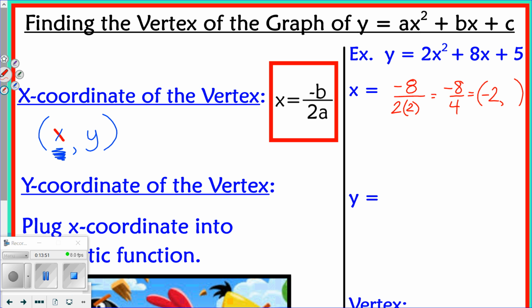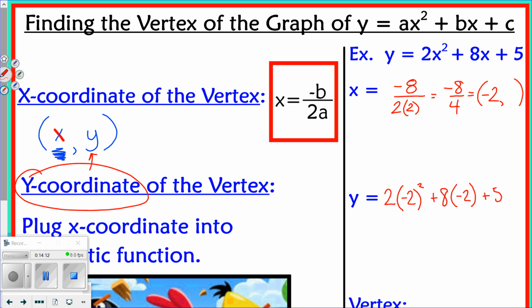All right, so then to find the y-coordinate, which is this part, you just take the x that you just found and plug it back into the equation. So 2 times x squared, so negative 2 squared, plus 8 times negative 2 plus 5. Could you type all of that straight in your calculator? Yeah, you sure can, and I probably would, because otherwise it makes my head hurt to try to do it in my head.